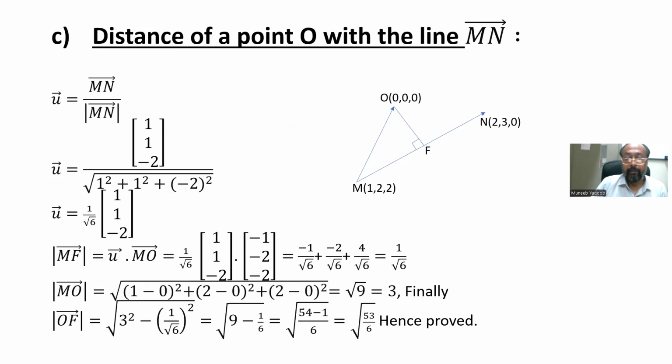Finally, we will apply the Pythagoras theorem to calculate the length OF, and therefore the length OF is equal to the root of 3 squared minus (1 upon root 6) squared, which can be simplified as the root of 9 minus 1 upon 6, which can be simplified as the root of 54 minus 1 upon 6, which is equal to the root of 53 upon 6. So hence you can see that we easily proved that the distance between the line MN and the position vector O is the root of 53 upon 6. Thank you.